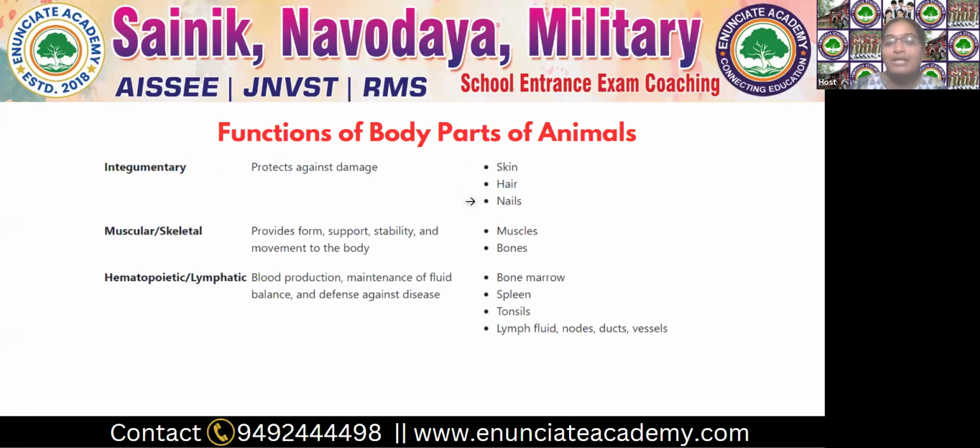What are the main body parts of the integumentary system? Skin protects us from the environment. Hair also protects us. Nails also protect us. So these are the body parts under the integumentary system. These body parts protect us against damage.